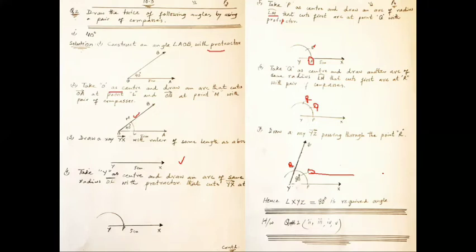Take Y as center, draw an arc of suitable radius that cuts the ray YX at point P. Now in the fifth step, take P as center and draw an arc that cuts the first arc at point Q. Now take Q as center and draw another arc of the same radius that cuts the first arc at point R. Now draw ray YZ passing through the point R.